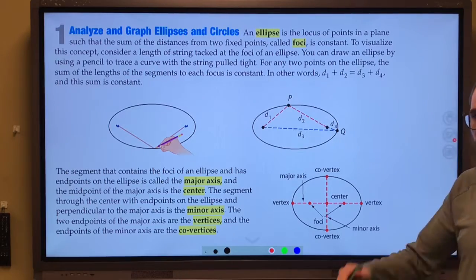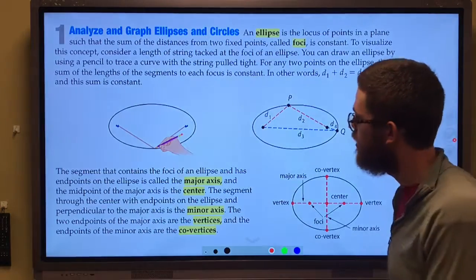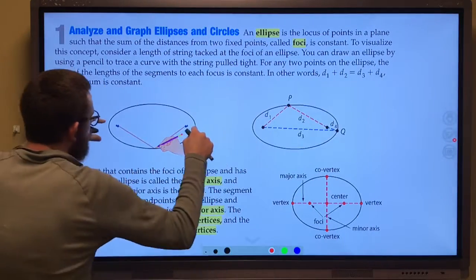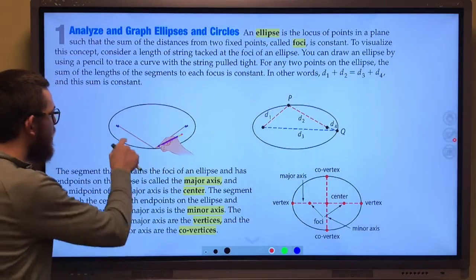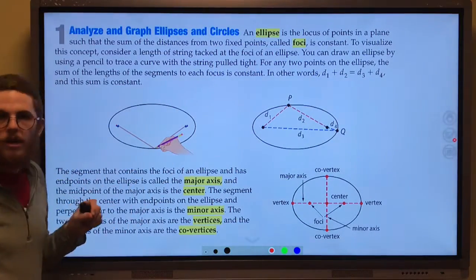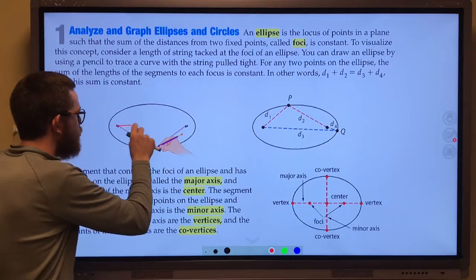Now, this is a pretty good way of actually thinking about what that definition means. Say you have two fixed points, those are our foci, all right? And say you take a string and attach it between these two.